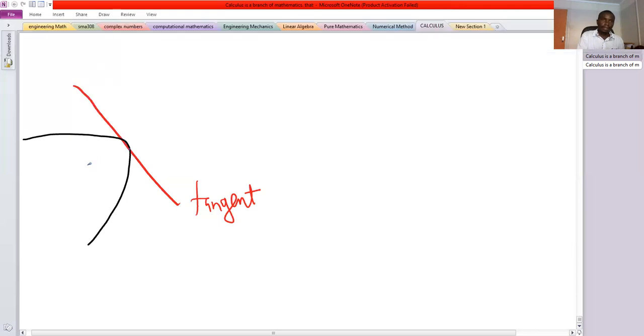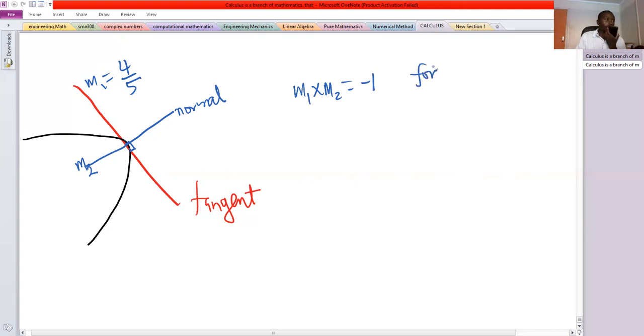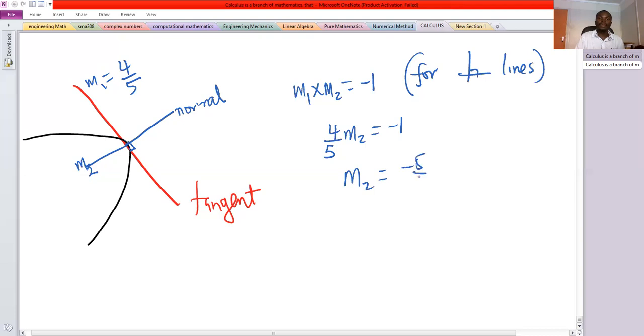This will be the normal. If M1 for this one is 4 over 5, let this one have the gradient M2. So M1 times M2 should give us -1. This is the condition for slopes of perpendicular lines. So 4 over 5 times M2 equals -1. M2 will be -5 over 4.